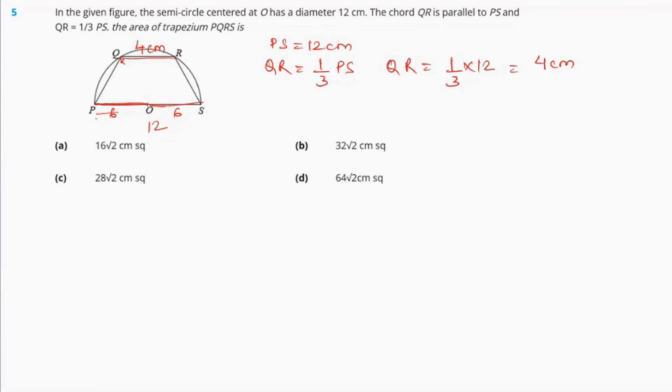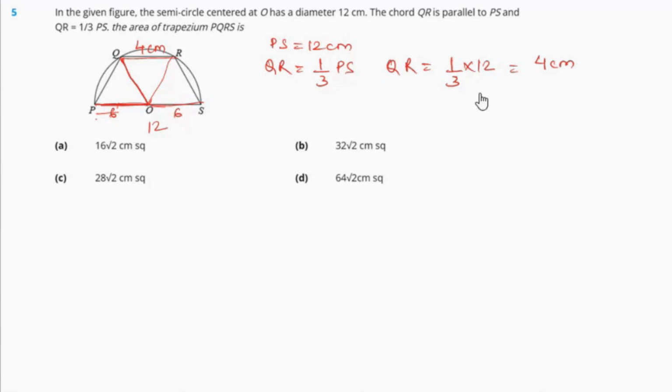And since it is a semicircle, this needs to be the radius and this also needs to be the radius, and this side needs to be equal only. So QM should be half of the length of the QR. If we mark a point over here, that should be half of the length of the QR. So that should equal what? 2 centimeter.